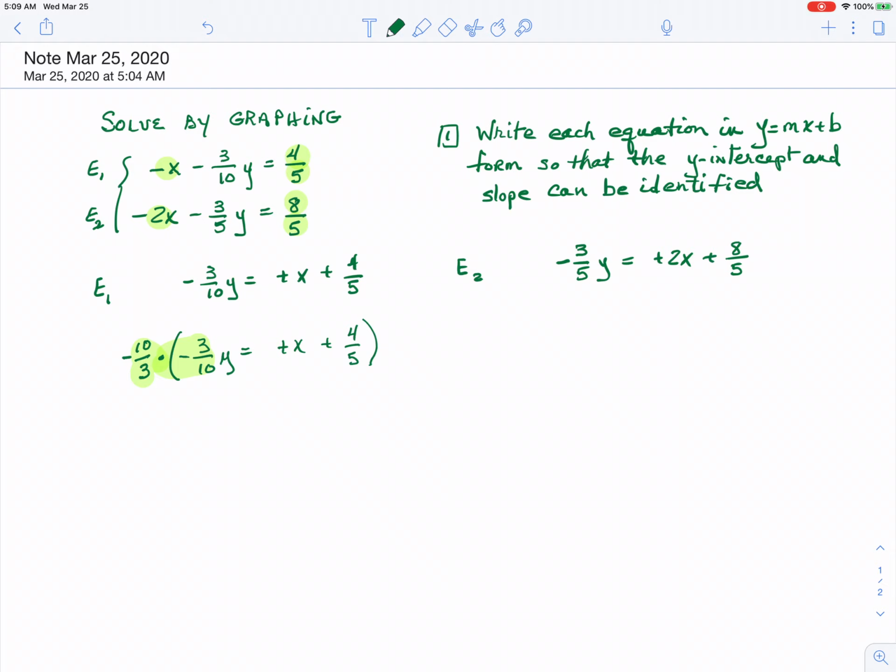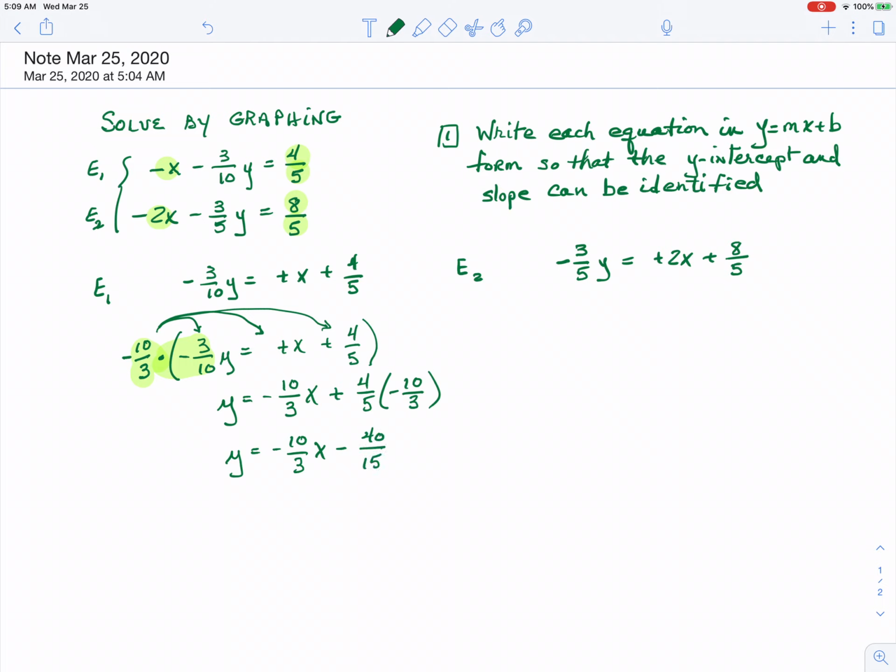However, when I multiply by -10/3 there, I have to also multiply by -10/3 on the x term, and I also multiply on the constant. And when I do that last multiplication, it looks like 40 over 15.